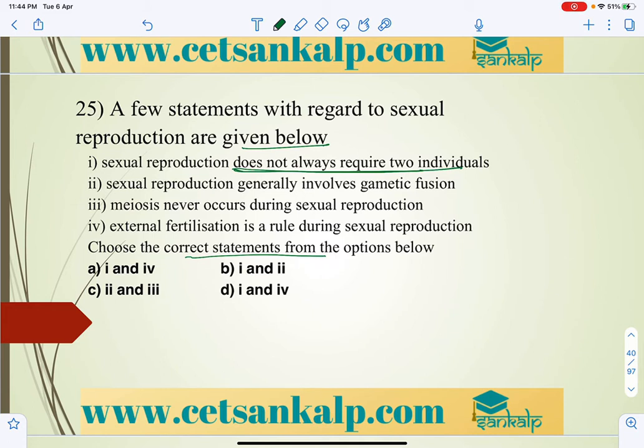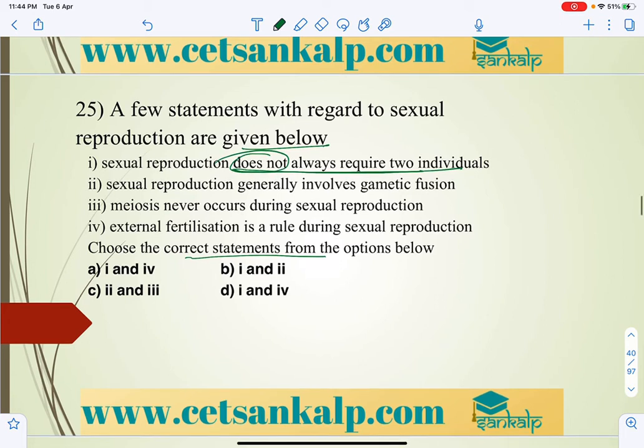Sometimes it mimics, generally parthenocarpy, right? Seedless fruit will be produced, right? So that is where we consider that generally it is not always required.